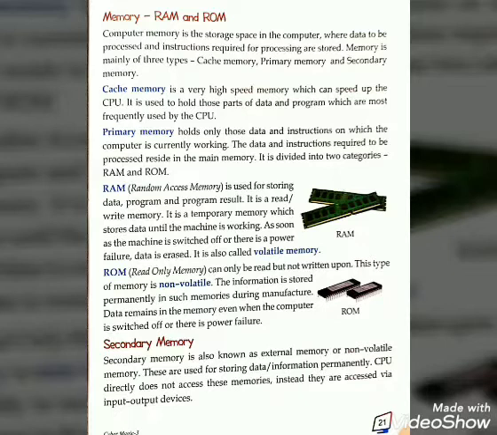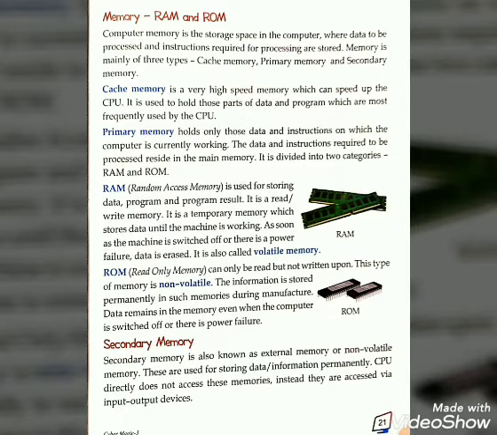Now, what is cache memory? Cache memory is very high speed memory which can speed up with the CPU. It is used to hold those parts of data and program which are most frequently used by the CPU.